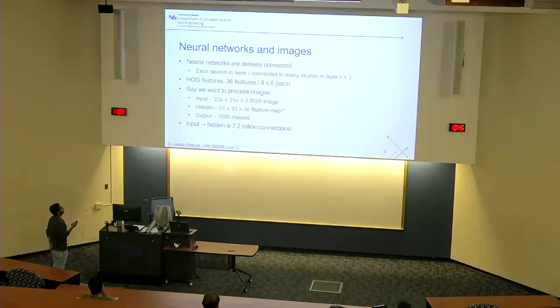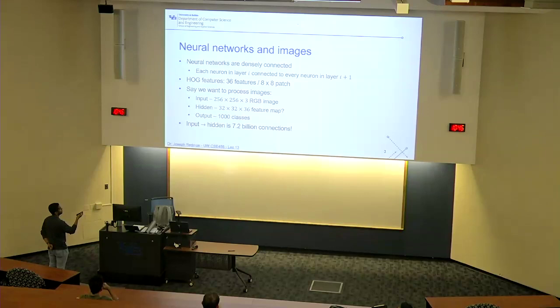So if we apply that to an image, our hidden layer dimensions, once it goes through the HOG feature extraction part, would be 32 by 32, because we're breaking down a 256 by 256 image into patches of 8x8. And there's 36 elements in each feature map. So that becomes the total number of parameters that you have over there. And your inputs are also individual values, and there's 3 channels.